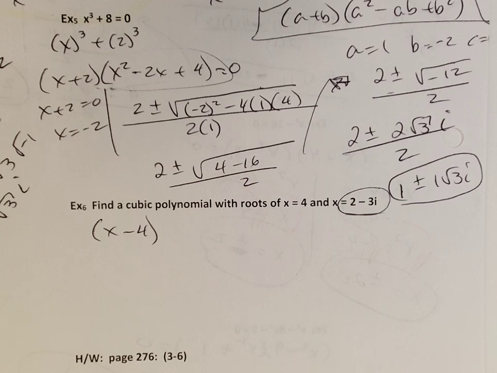It was x minus 4, because that's going to give me that answer, and then x minus 2 plus 3i, x minus 2 minus 3i. No, it doesn't equal 0 because we've got the polynomial, okay? So that would be a really ugly answer, correct? Yeah, very.